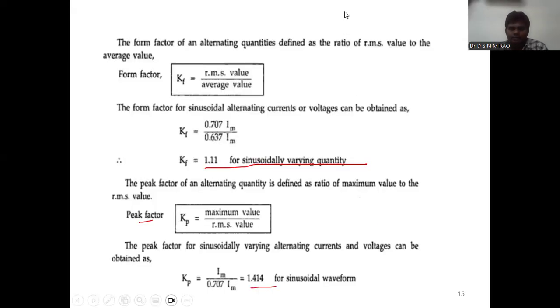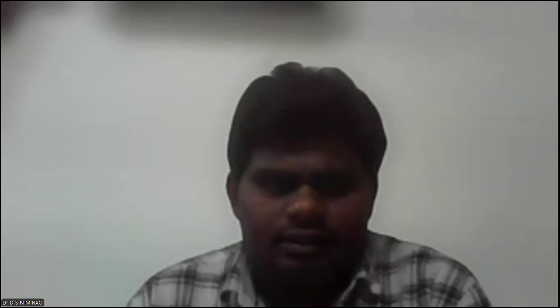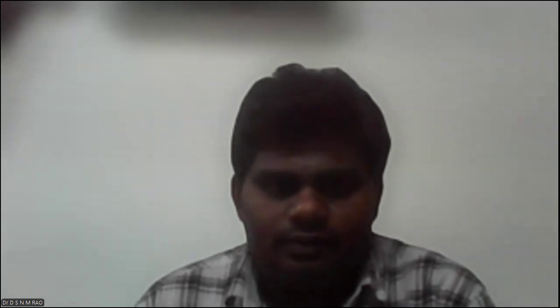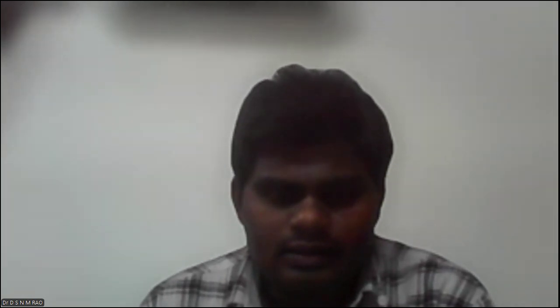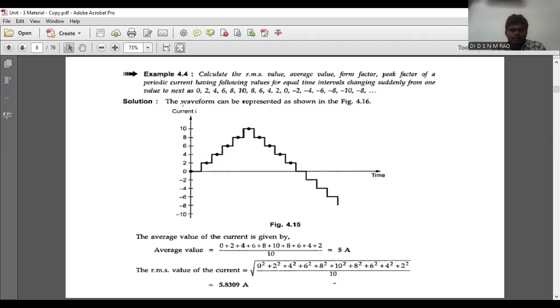Now let us work through some problems on RMS and average values for different waveforms, where we can calculate the average and RMS value for the given signal.